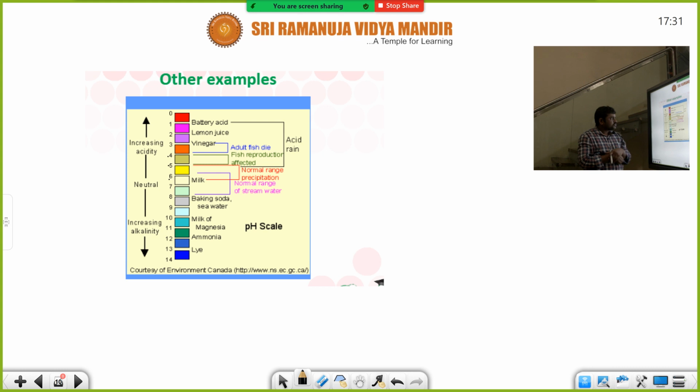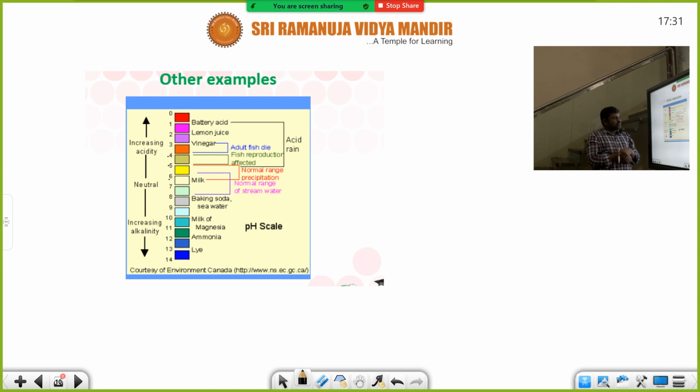Lemon juice and vinegar are at 4 to 5, and 4, 5, 6 is the normal range. That is the acid range.